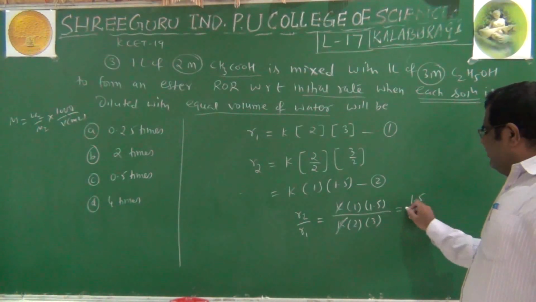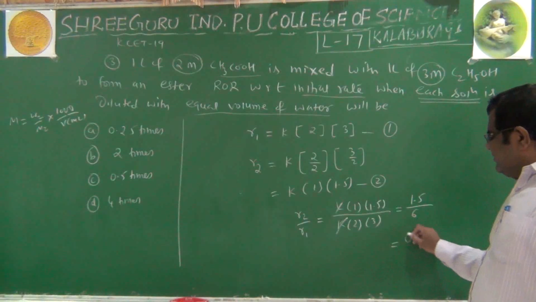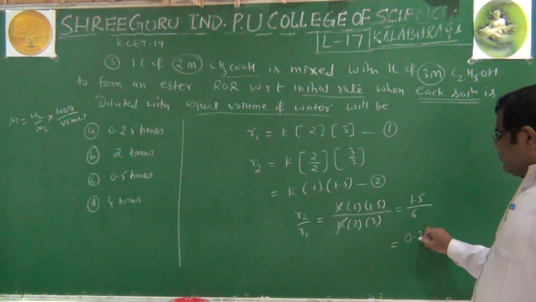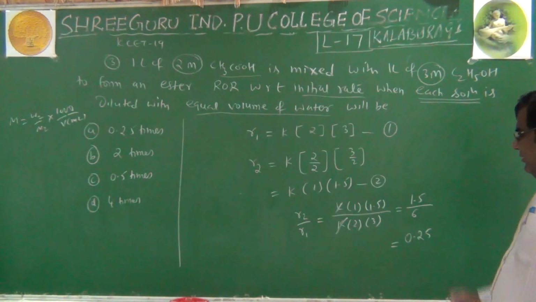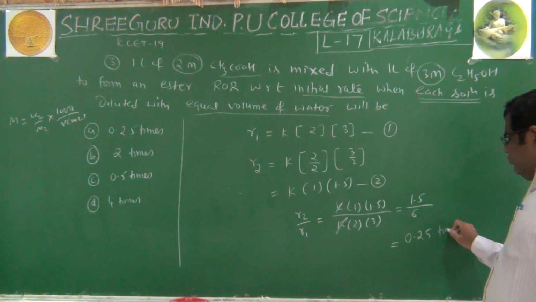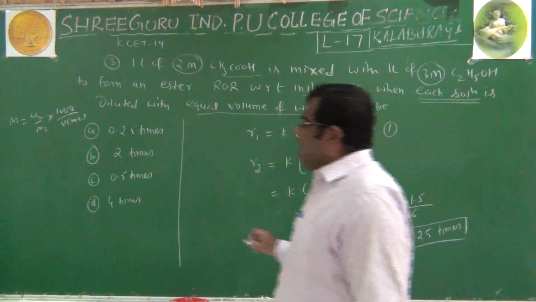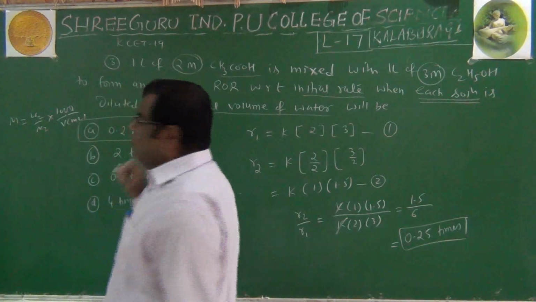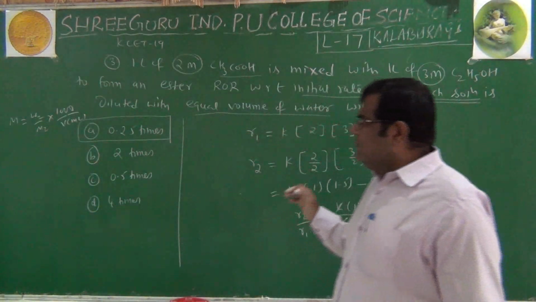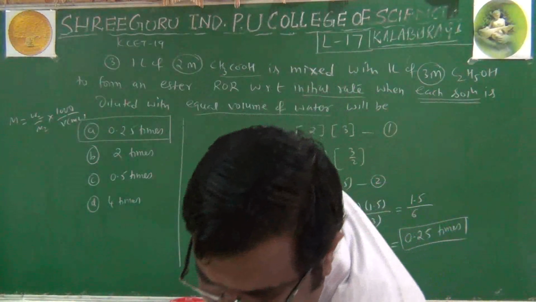This is 1.5 over 2 into 3 is 6, so it is 0.25. 2 sixes are 12, 3 remains, 6 fives are 30, so 0.25 times is our answer. That's why option number 1 is the correct answer. Not at all difficult type of questions these are.